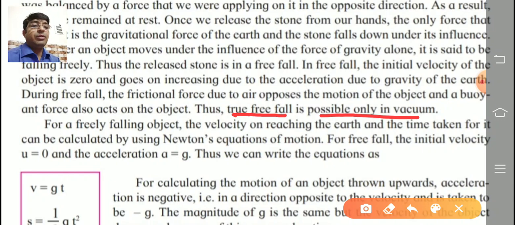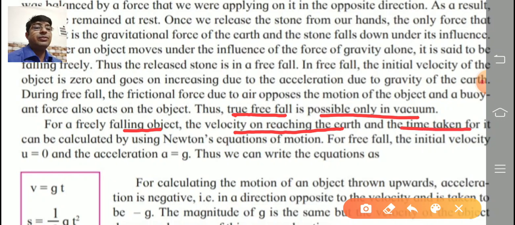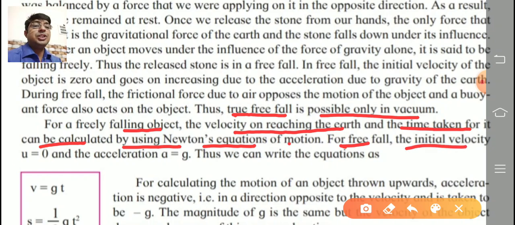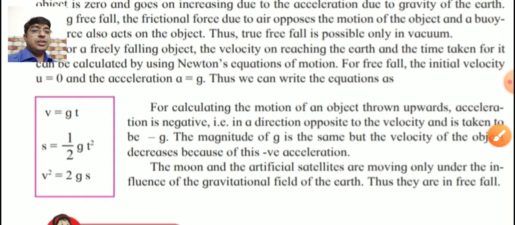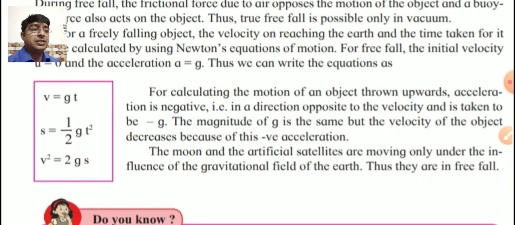For a freely falling object, the velocity on reaching the ground and the time taken for it can be calculated by using Newton's equations of motion. For free fall, the initial velocity u equals 0, and acceleration is the acceleration due to gravity. Thus we can write the equations as follows. Since initial velocity u is 0, we substitute 0 in Newton's three equations.